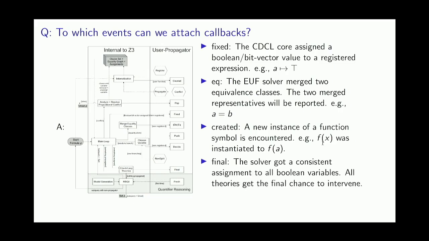And the last important callback I'd like to discuss is the final callback, which is called whenever the Z3 core assigned all Boolean and bit vector variables, and the final callback more or less asks the user propagator to do a final pass whether the Boolean assignments are consistent. Usually we do this to postpone the hard and more expensive checks to the very end.